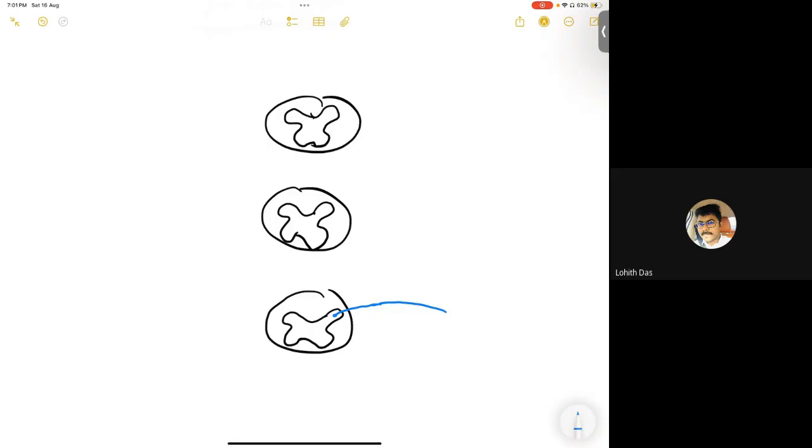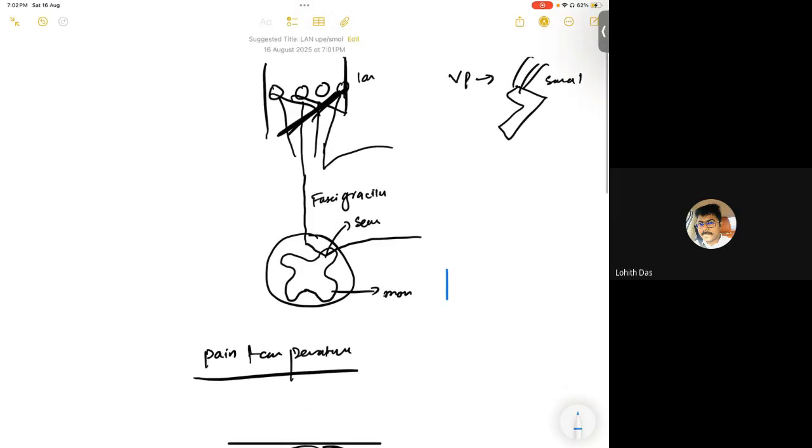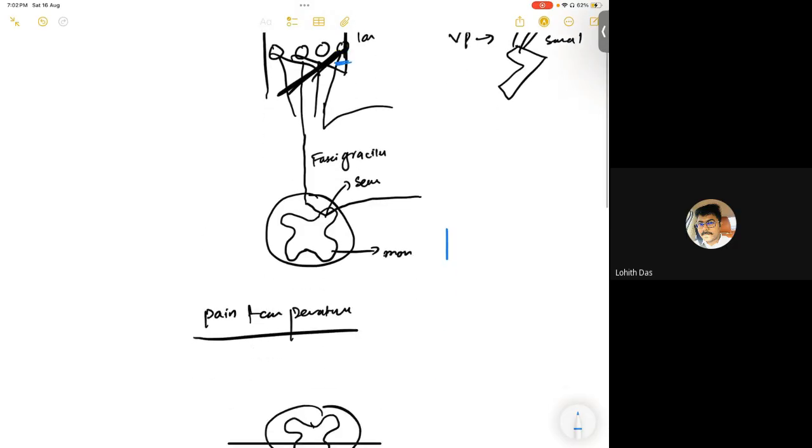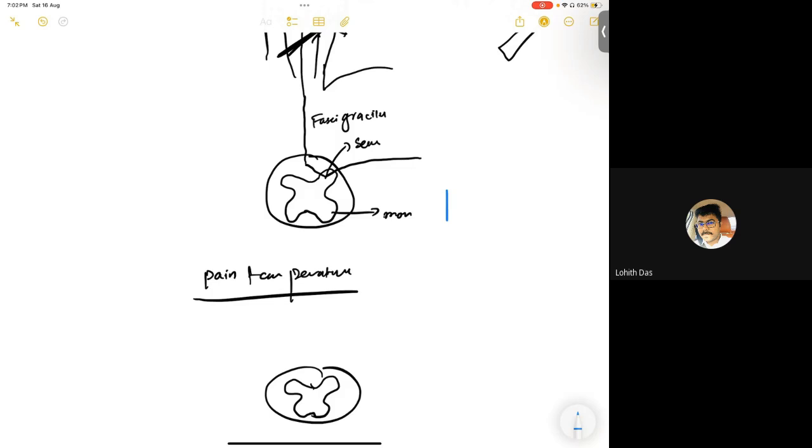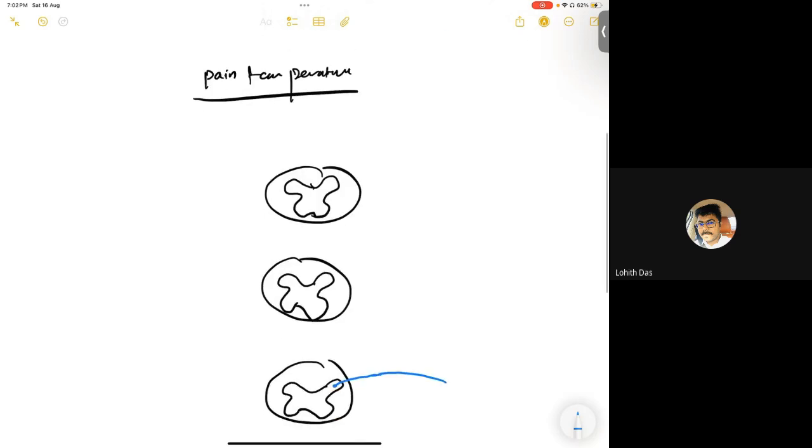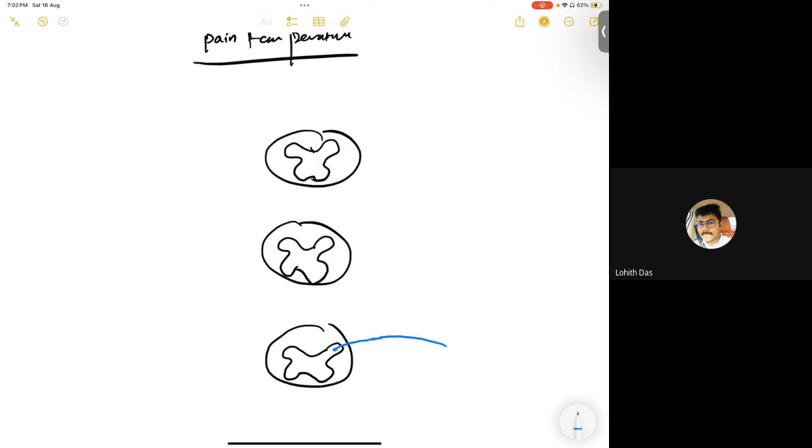Yesterday we discussed that the first order neuron of DCML had really big axons, and the synapse was seen in the lower medulla at nucleus cuneatus and nucleus gracilis. But in this case, the nerves enter the posterior horn, in the area known as substantia gelatinosa.